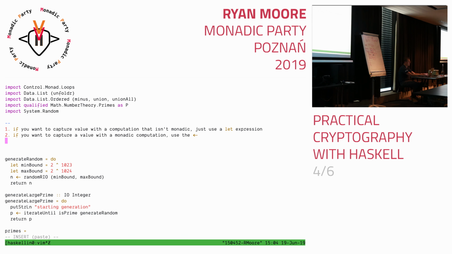If you want to run a monadic computation and forget about the value, just run the computation. So that example here is put string line. There's really nothing sensible that we can capture from put string line.